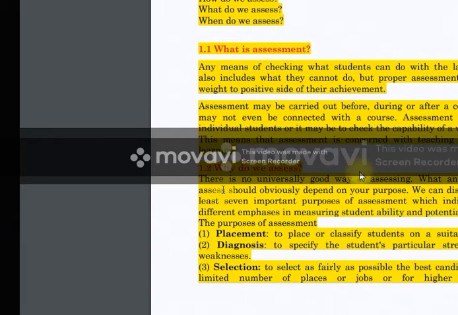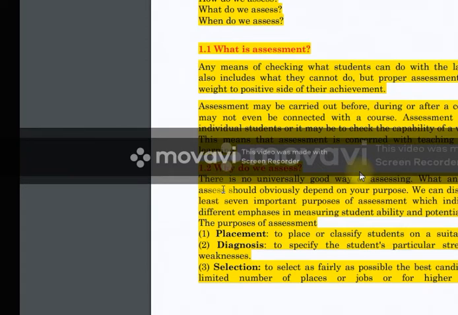Actually, sometimes to discover what has gone wrong with the students. Yes. In general and in the language skill. Is there any other purpose for assessment? Any other students to participate, please?